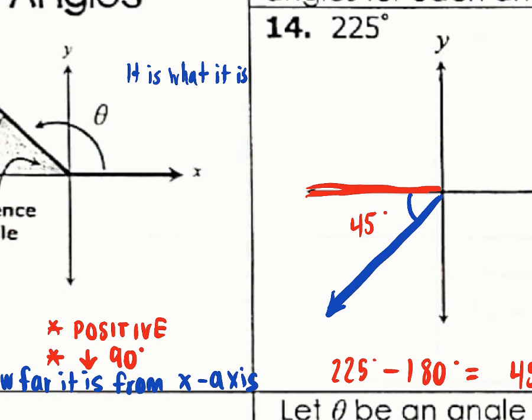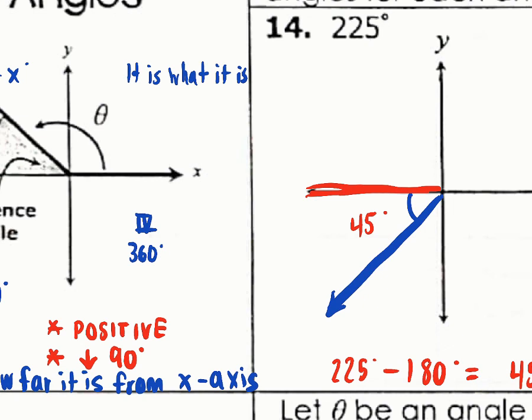Okay, here's the last three. If it's in quadrant 2, I want you to do 180 minus whatever it is. If it's in quadrant 3, I want you to do whatever it is minus 180. But if it's in quadrant 4, I want you to do 360 minus whatever it is.